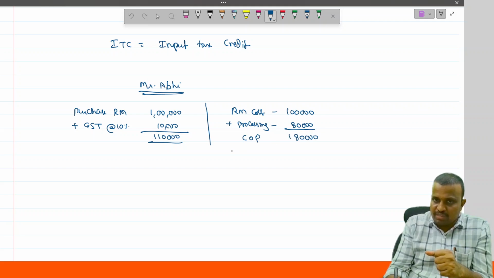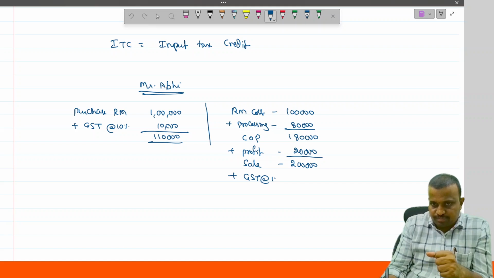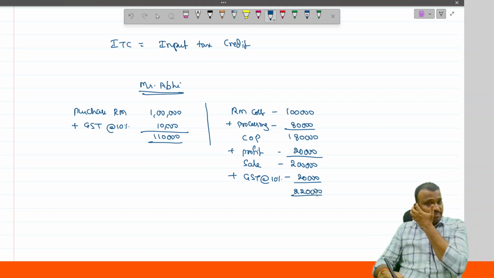Total cost of production is 1 lakh 80. And the profit added by the party is 20,000. And the sale price of the product is 2 lakh. And the GST collected at 10% is nothing but 20,000. So 2,20,000 is collected from the supply.